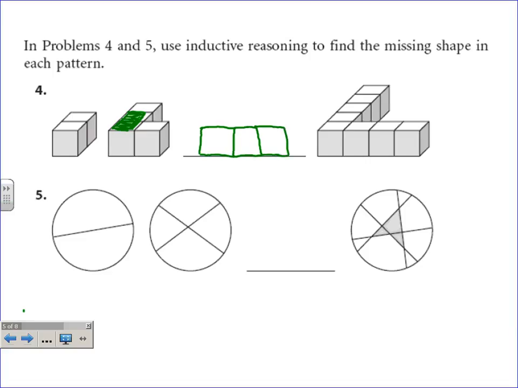We have 3 going this way. We have 1, 2, 3, 4. You gotta go as far down.